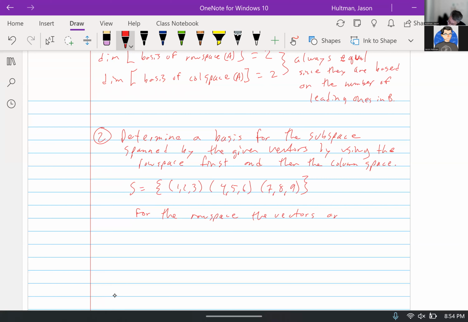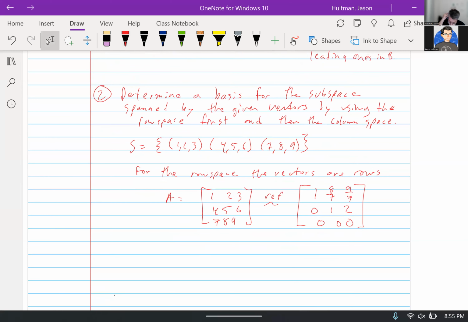So A would be equal to those rows, and when we REF that, we would end up with 1, 8 sevenths, 9 sevenths, 0, 1, 2, and then 0, 0, 0.